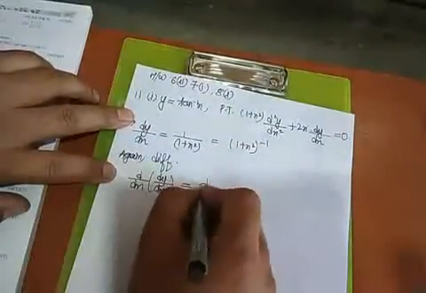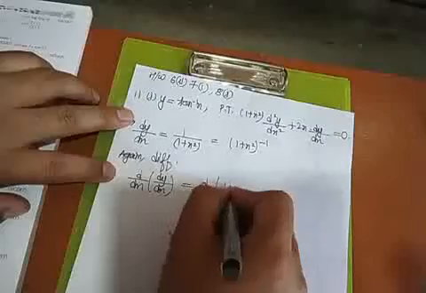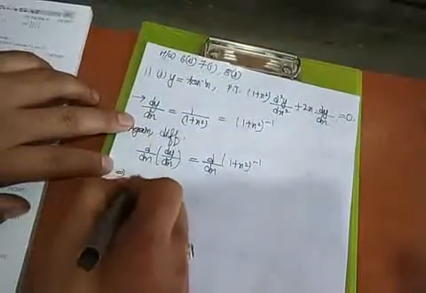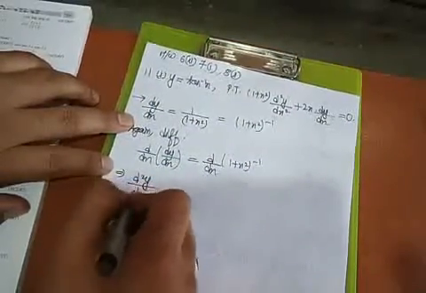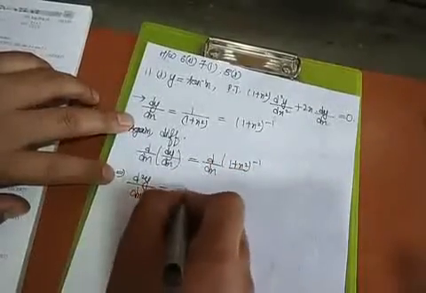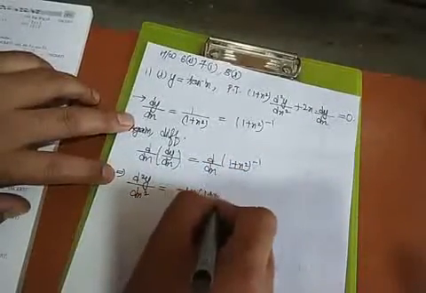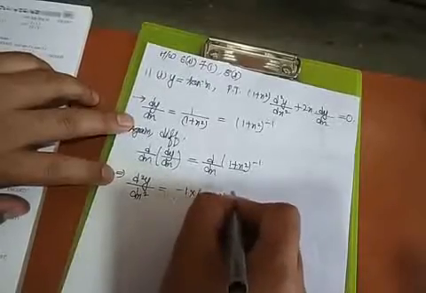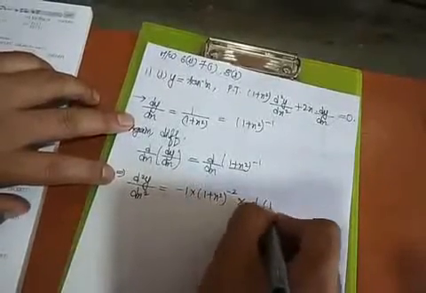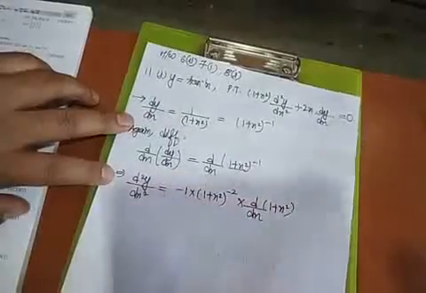So d2y by dx square is d/dx of 1 plus x square whole to the power minus 1, which is minus 1 into 1 plus x square whole to the power minus 2, into d/dx of 1 plus x square.